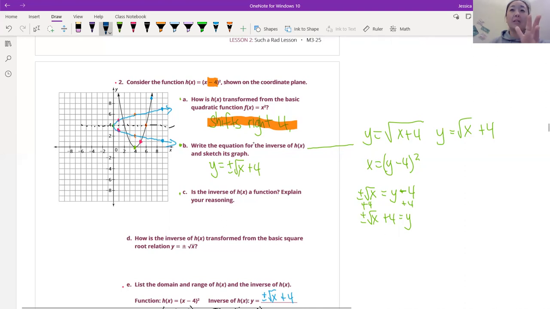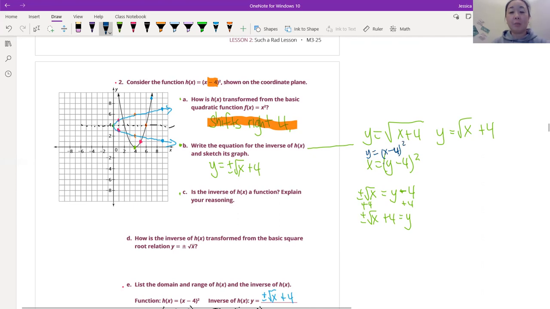So this is how we did it. Notice right here again, we take the h of x and change it out with y. So we're just using y, not function notation anymore. Then we're switching x and y. So y is equal to (x - 4) squared.